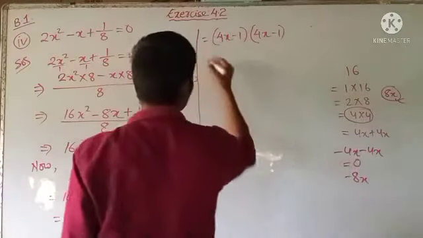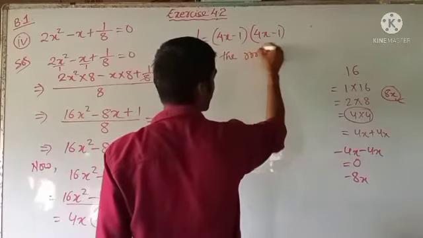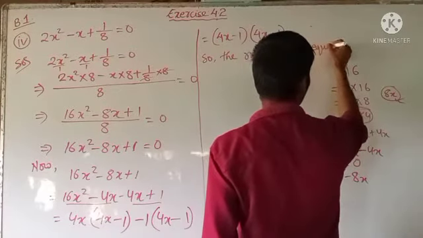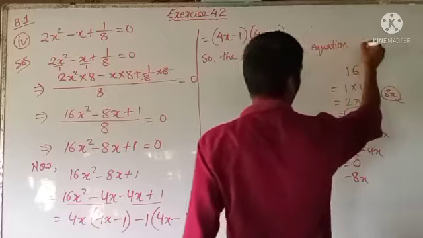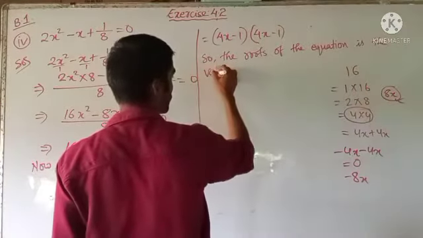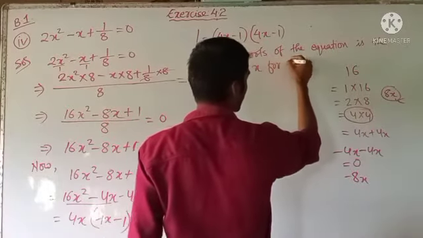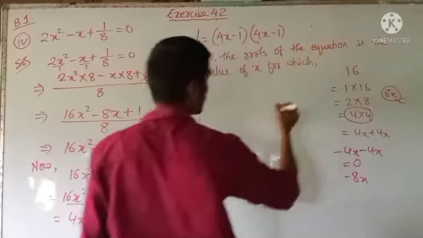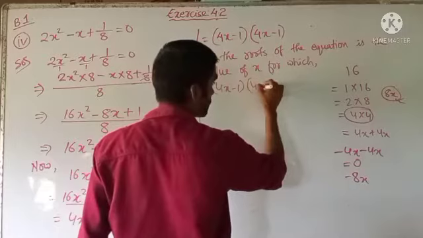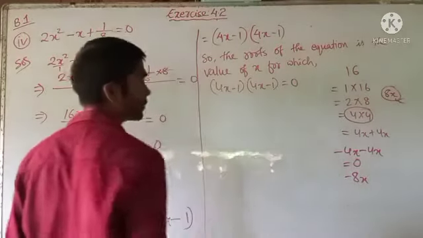Now we will write here, the solution, so the roots of the equation is the value of x for which 4x minus 1 and 4x minus 1, the product of their numbers is equal to 0.